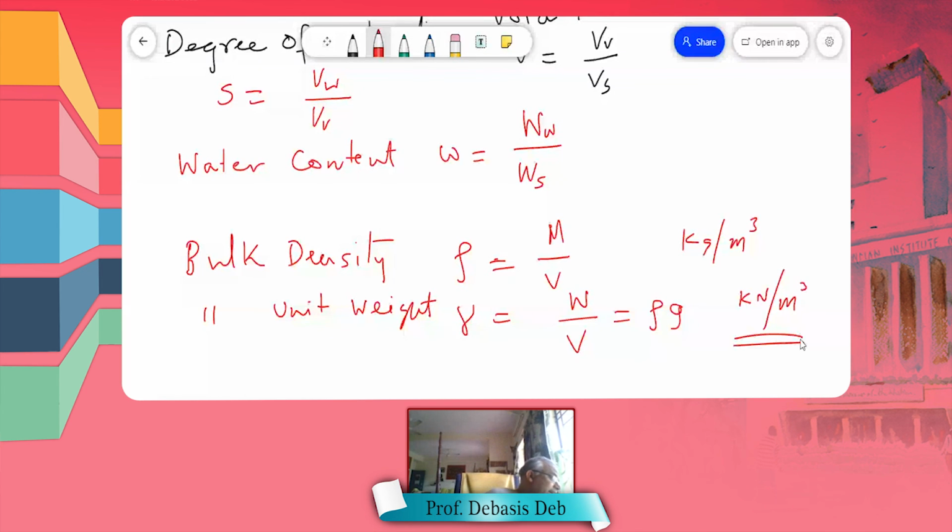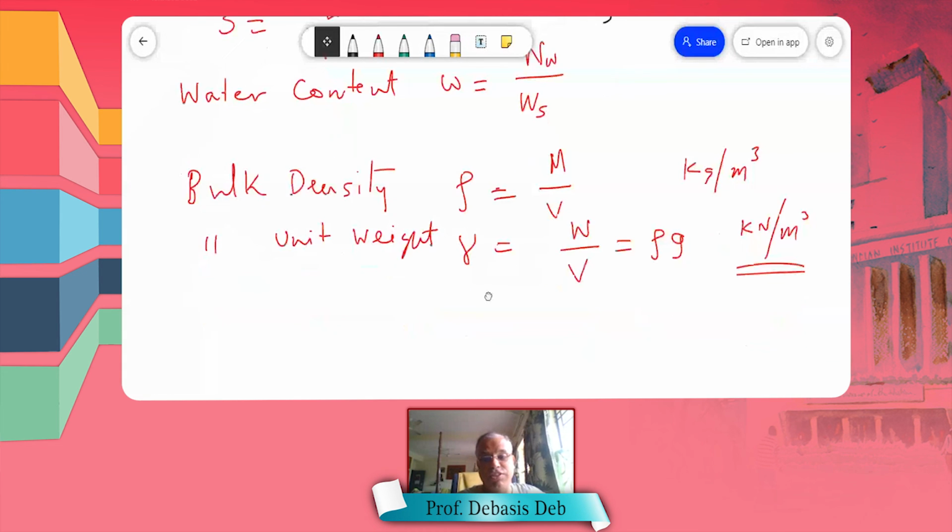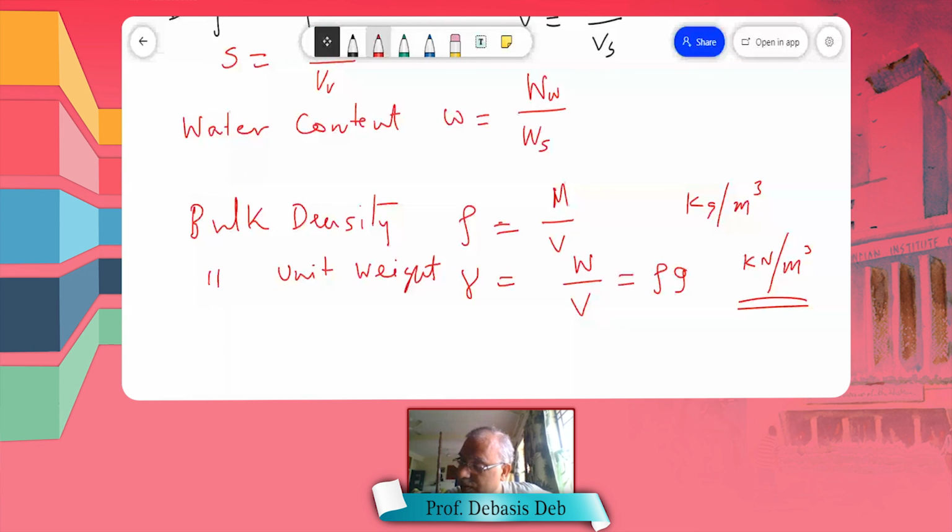Okay. And the last one is what we call the grain density. That is very important. We will be using that in a lot of equations. Grain density we also call density, but sometimes use specific gravity.